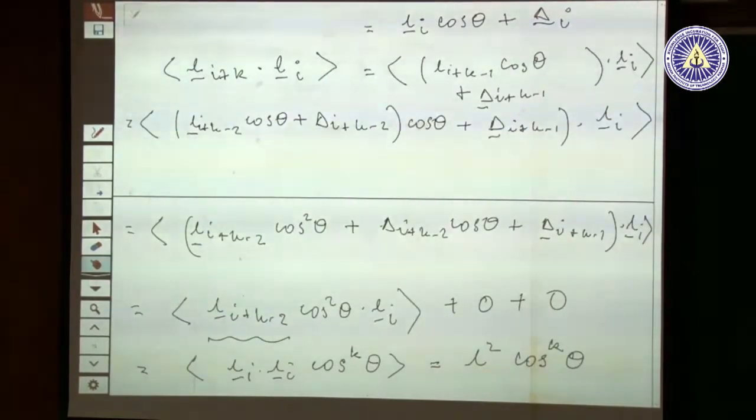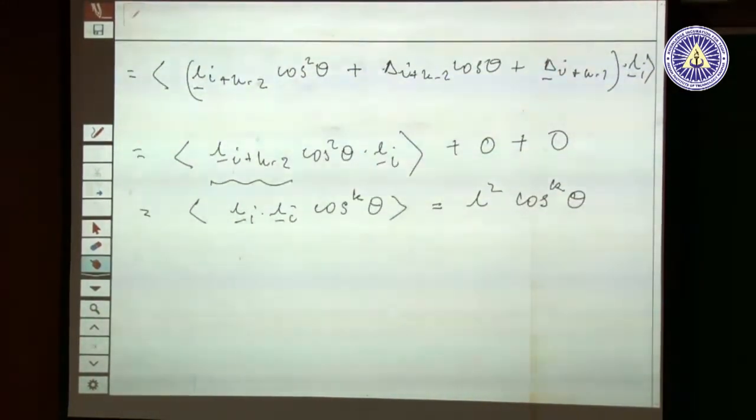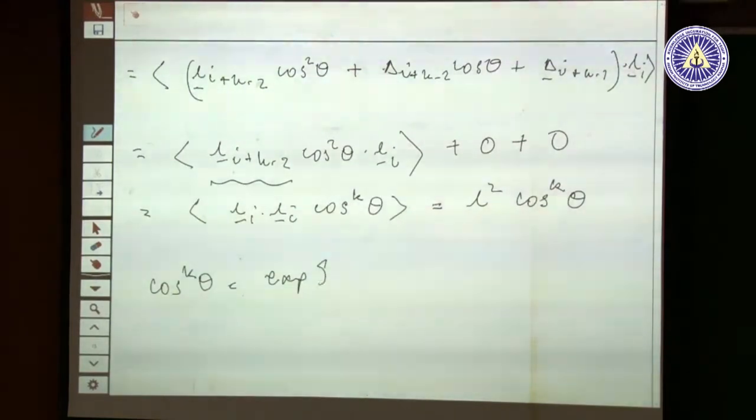Okay. And since cos theta is less than 1, when k becomes large you very quickly get a very, very small number. In fact, it decays exponentially, and you can show that by writing cos to the power of k theta as the exponential of the log of cos to the power of k theta.